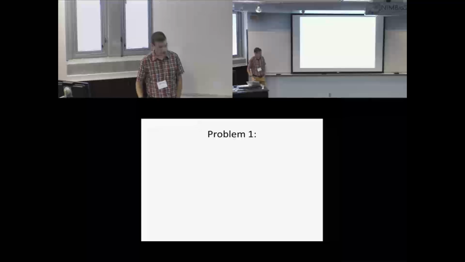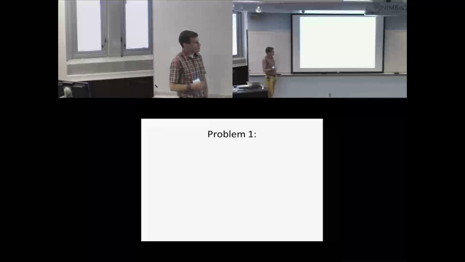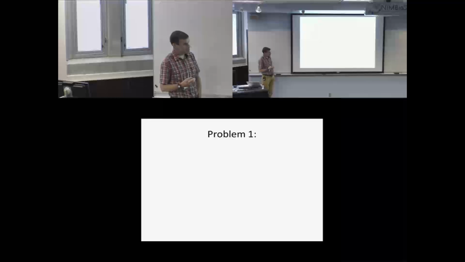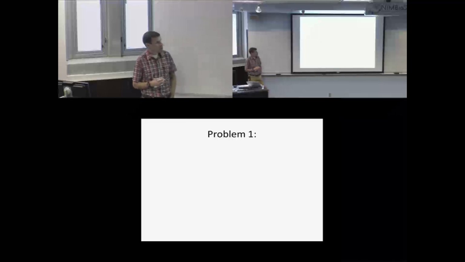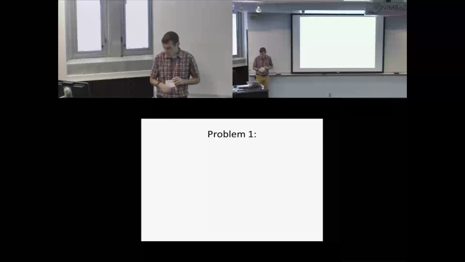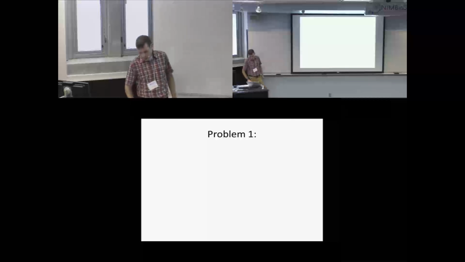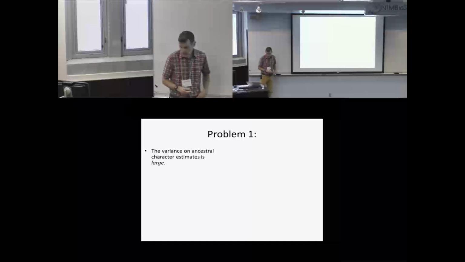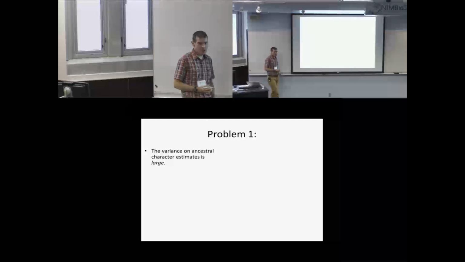Now, I think ancestral state reconstruction has gotten a bad reputation in recent years, possibly justifiably so, and I think this is largely due to two main problems. One problem is that the variance on ancestral character estimates tends to be large. This is particularly true for nodes that are deep in the tree.